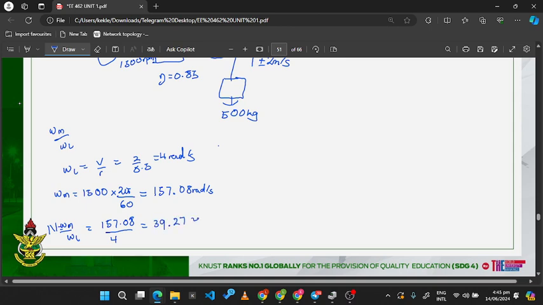But it says we should pick the nearest integer, so we are going to use 39. So our n becomes 39.